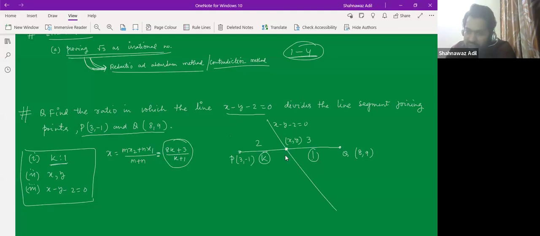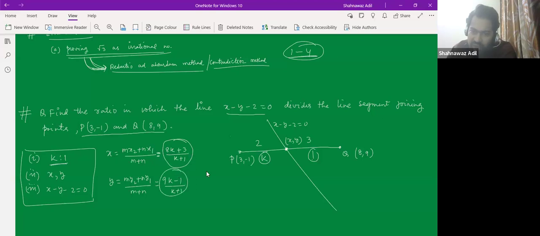So x is whatever this coordinate is, and y would be what? y would be my2 plus ny1 divided by m plus n. So m is k and y2 is 9, so 9k, and then 1 into minus 1, so minus 1, over k plus 1. So we have got x and y.